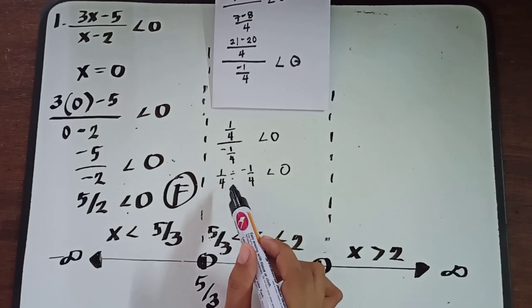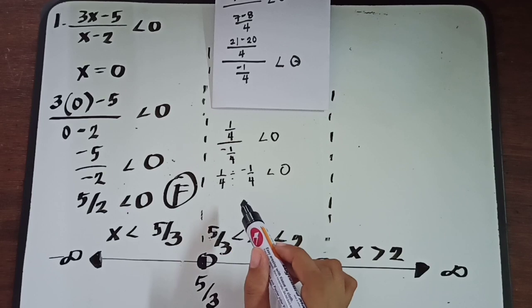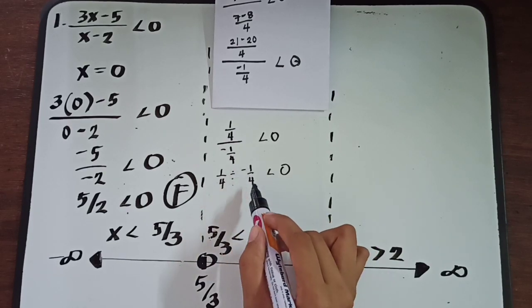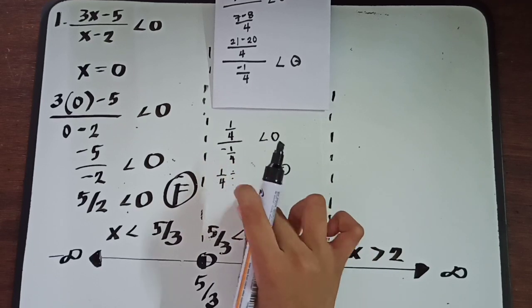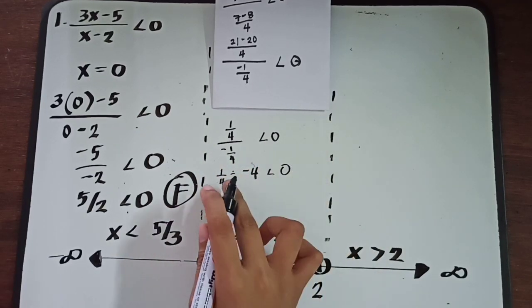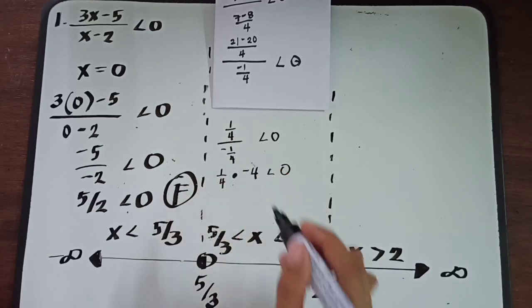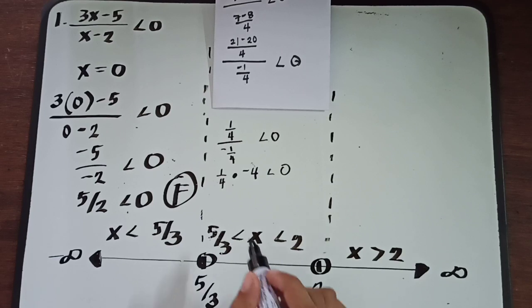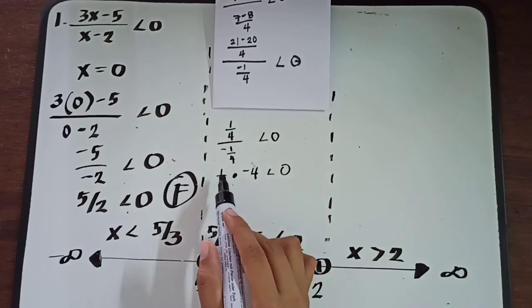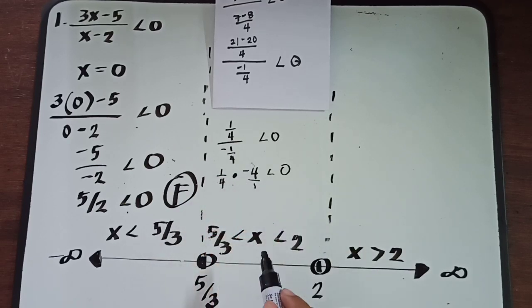So, in dividing fractions, find the reciprocal of this negative 1 over 4, and the reciprocal of this is negative 4. And change this division into multiplication. And next is apply the rule in multiplying fractions. So, numerator by numerator and denominator by denominator.